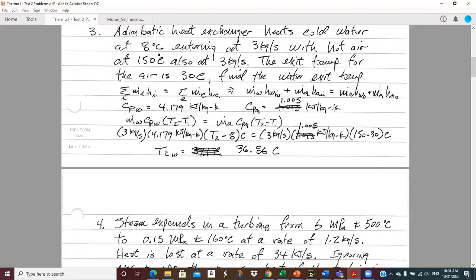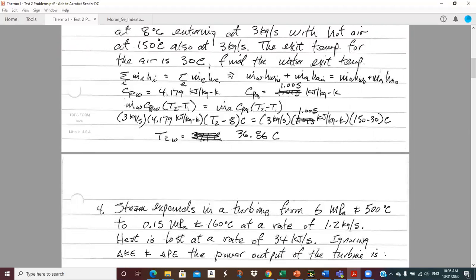So that's my expression. Looking up my Cps from the table, you should get water 4.179 kilojoules per kilogram per degree K, and air is 1.005 kilojoules per kilogram per degree K, and then just plug in the numbers.